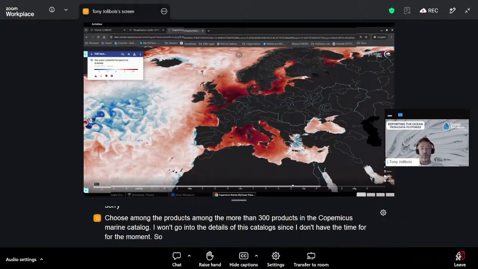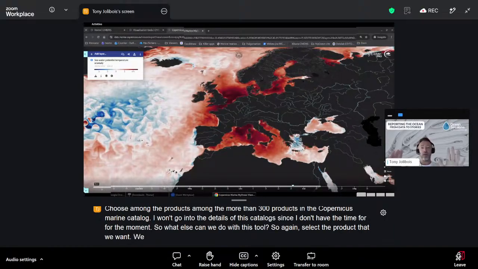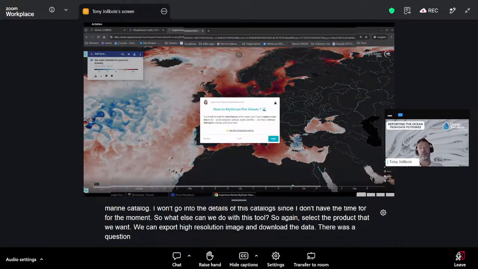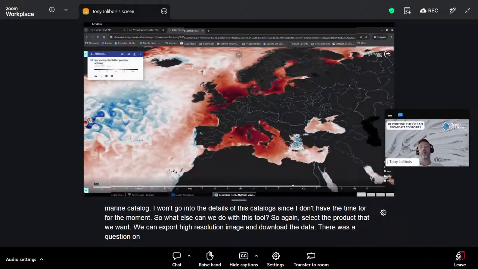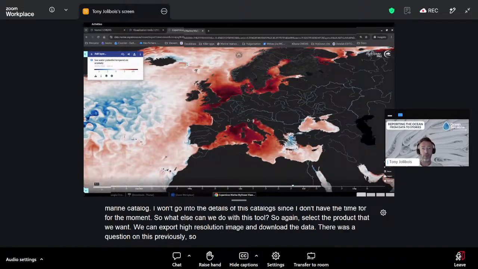So what else can we do with this tool? Again, select the product that we want. We can export high resolution images and download the data. There was a question on this previously, so I will show you.